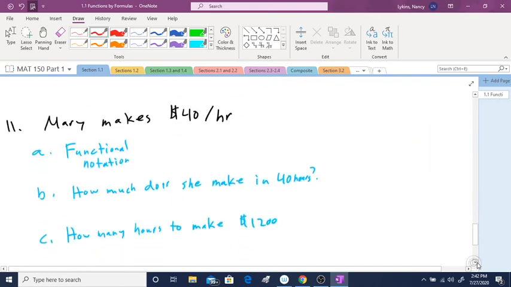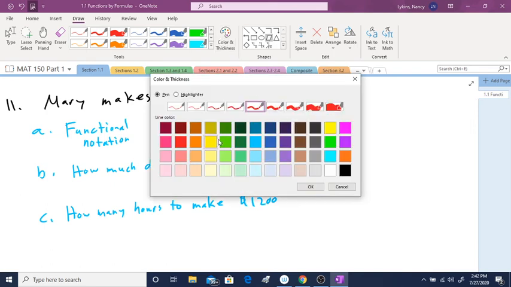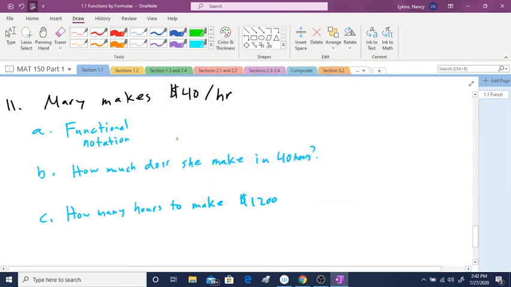Okay, my final piece of this puzzle is, let's just say Mary makes $40 an hour. Well, who wouldn't like to make $40 an hour? That's a pretty good rate. Usually with $40 an hour, you may think of maybe nursing or something like that. To put it in functional notation, we all like money, so functional notation would be M, and how much money you make depends on how much time you work.